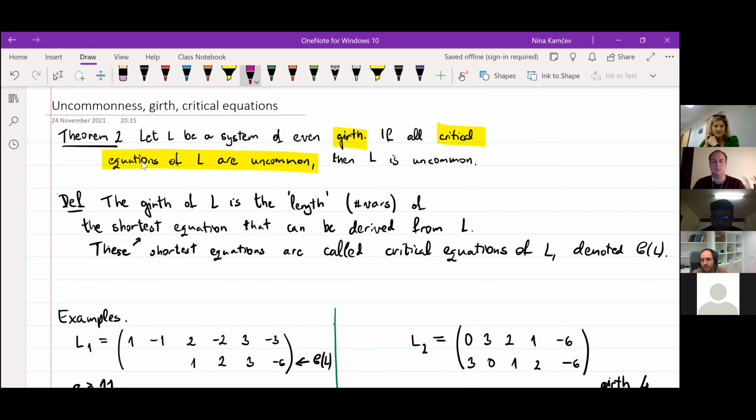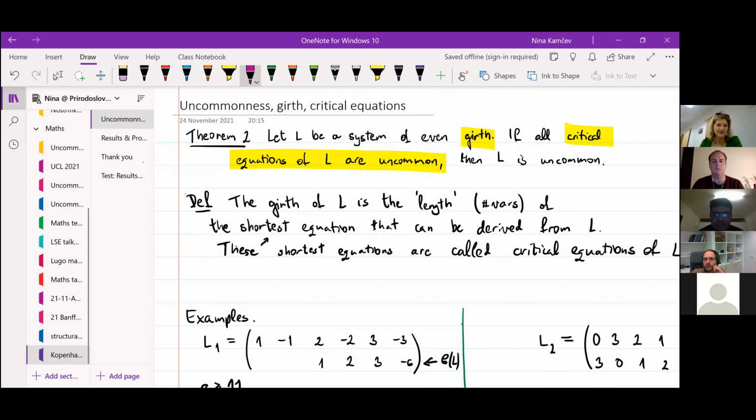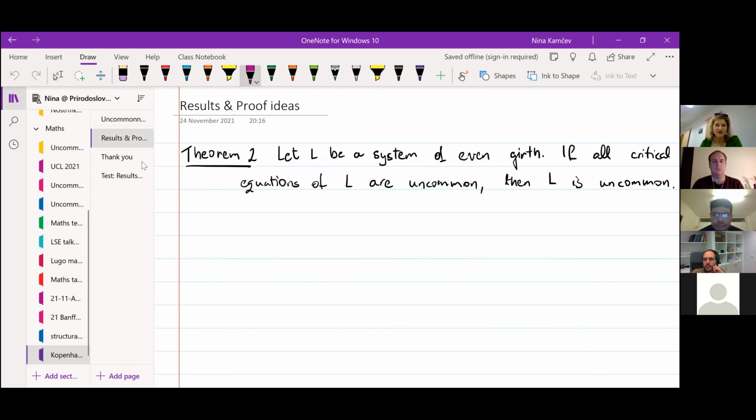And our next theorem is actually a kind of general superposition tool. So I'm saying superposition because you can look at these critical equations and superpose them together. And you can use that kind of intuition to produce bad colorings.